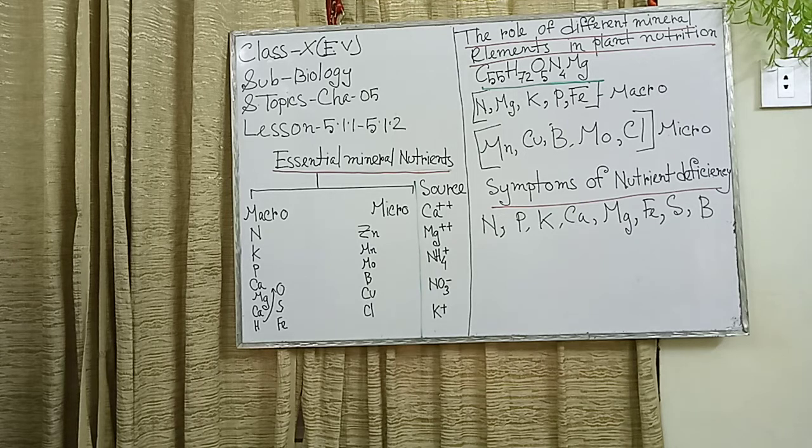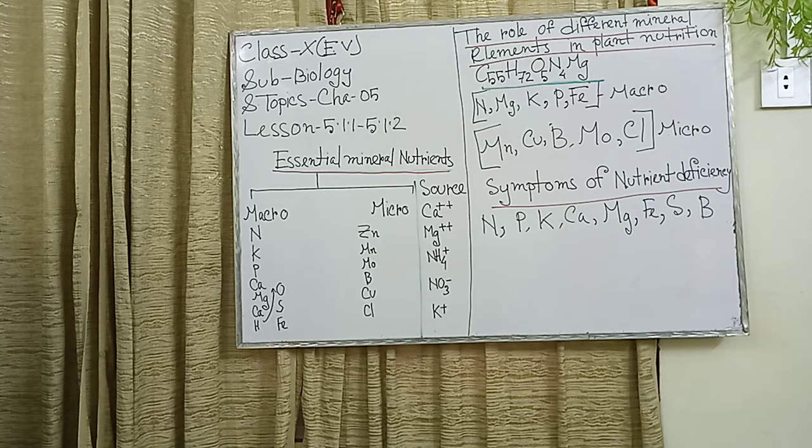Here our another topic is source and role of nutrients. Everyone see the board. First, the source of nutrients. Plants absorb carbon and oxygen from the atmosphere and hydrogen and oxygen from water.